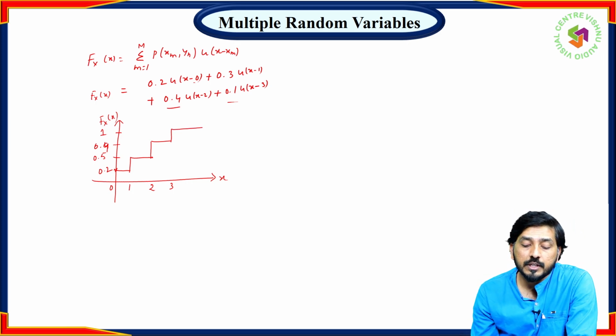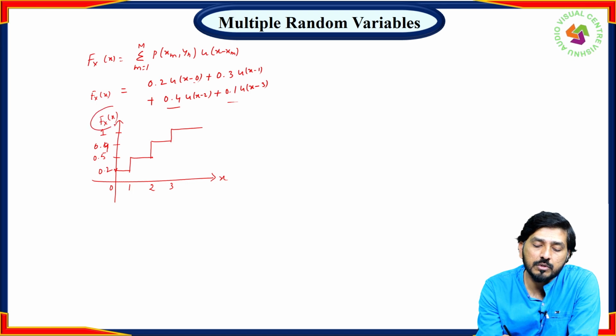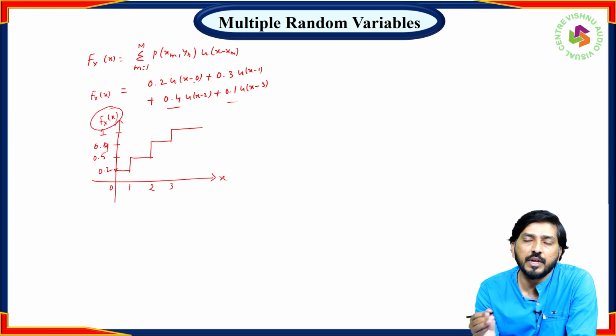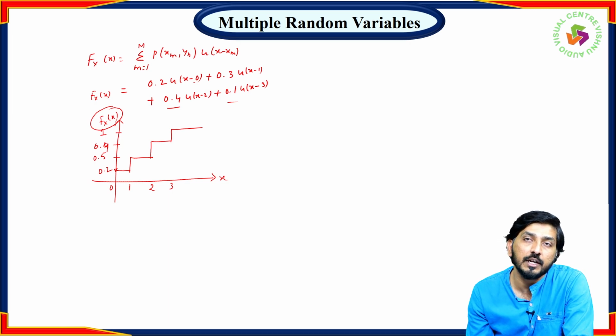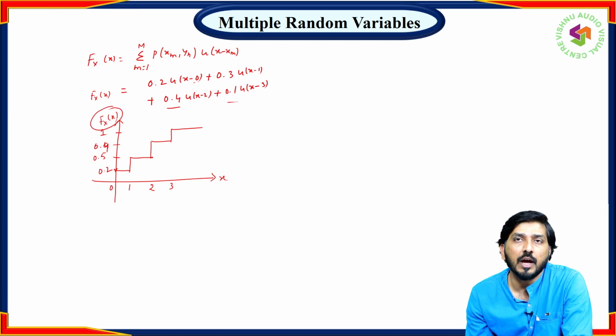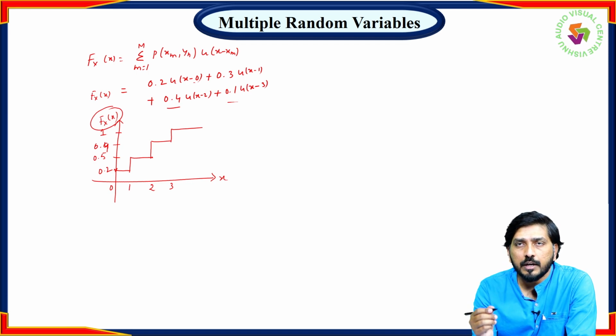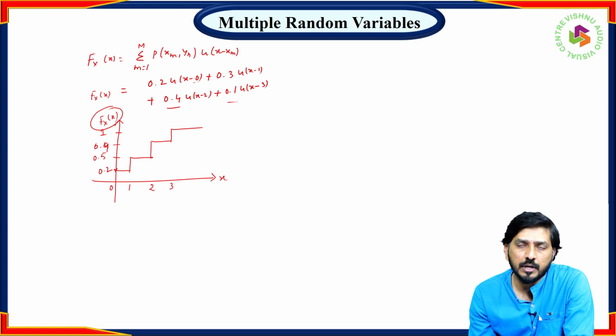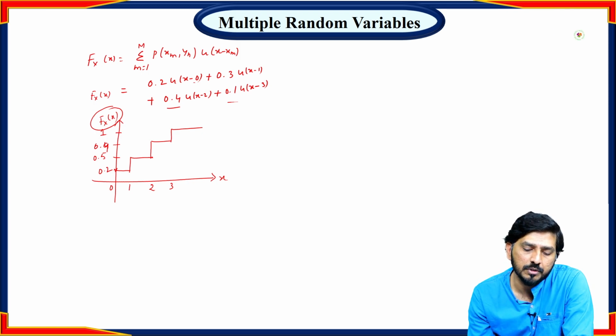So this is the marginal distribution curve, which gives the behavior of the random variable x individually when the joint probabilities and joint distribution are given. From that only we have got the marginal distribution function.